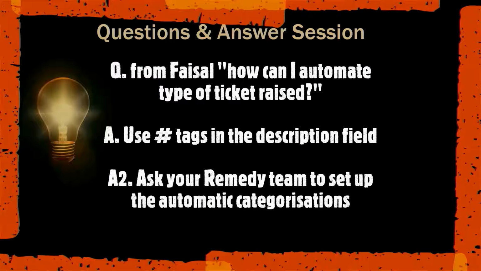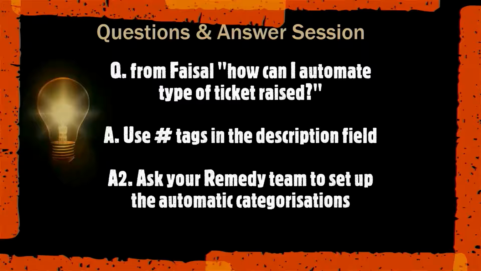And in terms of when it generates the ticket, whoever is in charge of your Remedy system should be able to define the categorizations that the tickets are raised under when they alert, if they're generated automatically. So there are various things that you could do to enforce these standards.